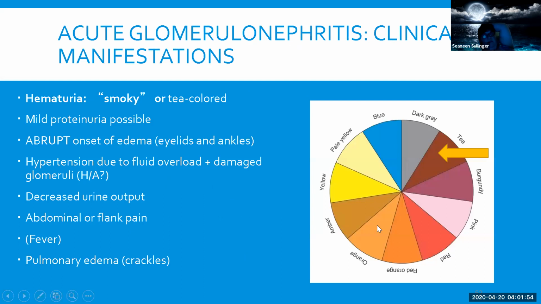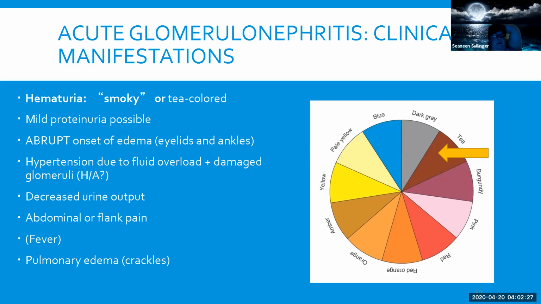But generally speaking, if the child's had a strep throat, then you might want to be educating the parents to watch their urine output. So the blood in the urine is sort of a smoky or tea-colored urine, mild proteinuria, and then you will see edema because there's fluid excess because the kidneys can't filter the fluid, and the hypertension because the glomeruli are damaged.